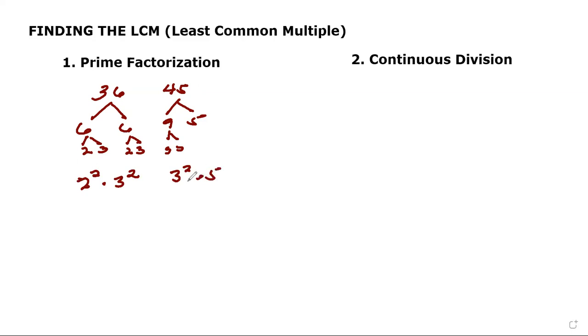Therefore, to get the LCM of the two, we take the common factor with the greatest exponent first. This time, 3 squared is the common. Then we take the ones that are not common, which here are 2 squared and 5.